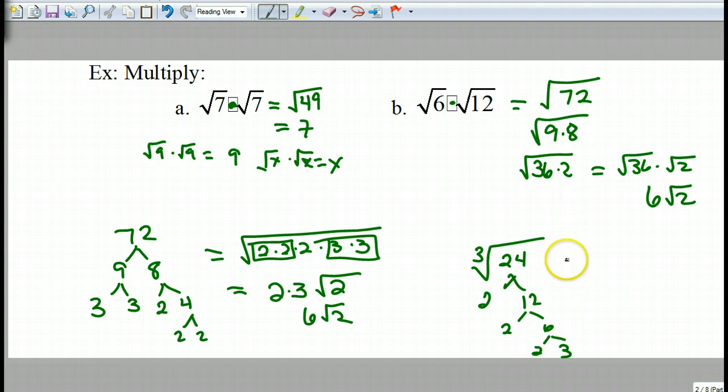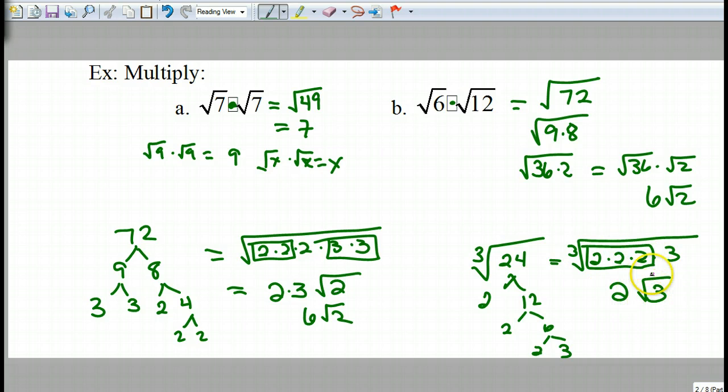Correct? So when we're doing a third root, we're looking for triplets. So I have 1 triplet right here, so I can take out a 2. So I just find it's really nice and handy to use for different types of roots besides square root. Because, I mean, who's going to memorize perfect triplets or perfect quadruplets?